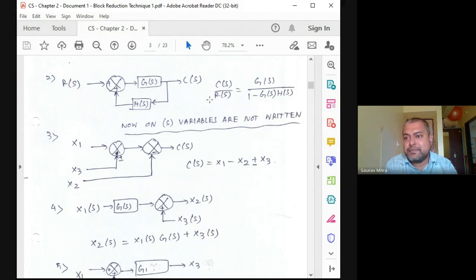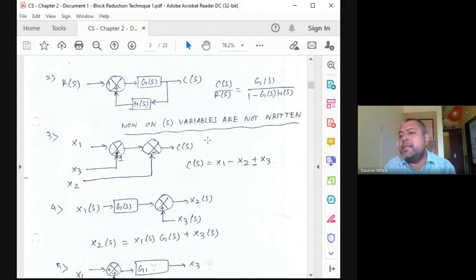We call it TS. Some books call it HS also. H is actually the transfer function, but here also we are saying HS, the feedback signal, so we should not get confused. Some books use HS equal to CS by RS, or we might use TS equal to CS by RS, and HS is the feedback gain in that case. What I'm telling you is, don't get stuck to any symbol.